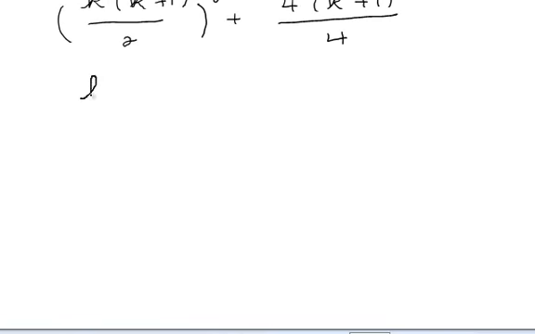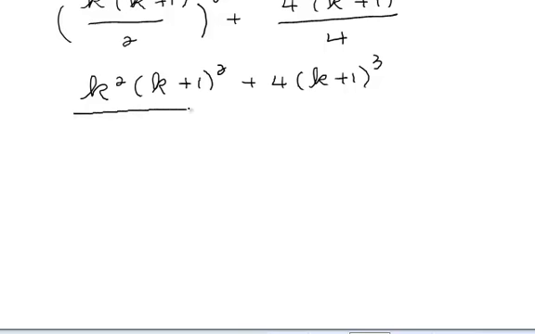And I'm going to very carefully write this as k squared times (k plus 1) squared plus 4 times (k plus 1) cubed, all over the common denominator of 4.